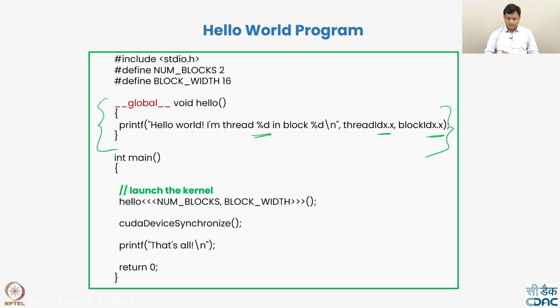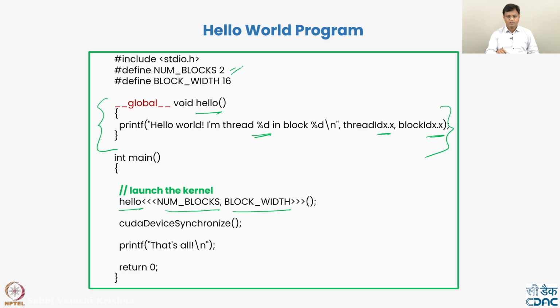Now, I think you have got a sufficient idea about how to write a kernel function that will execute on the GPU and how this kernel function should be launched by using the kernel configuration. These two things you have understood. So, now I am launching this hello kernel in this program. I am again passing two parameters, number of blocks and blocks_width.